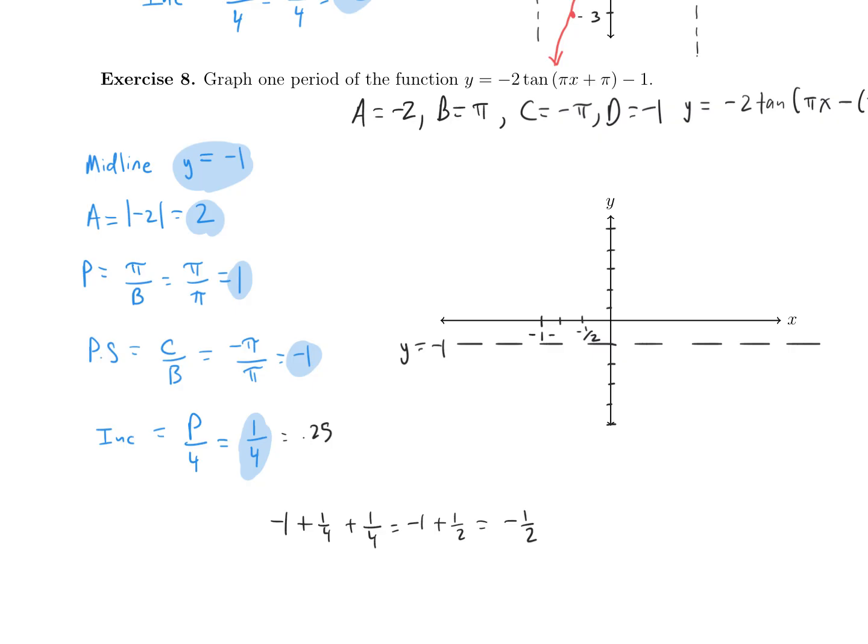This would be -0.75. If you go in the other direction, you're going to subtract 0.25, so -1 minus 1/4, which would be -1.25. And if you do that one more time, you're going to get -1.5. All right, so now we can draw the asymptotes. The asymptotes are at those two ending increments.